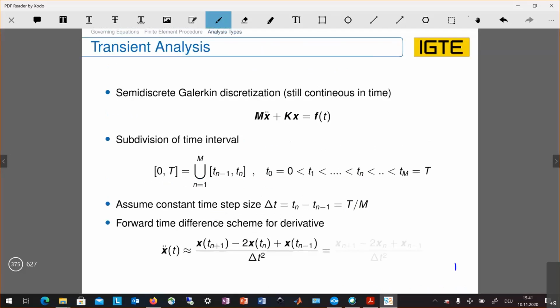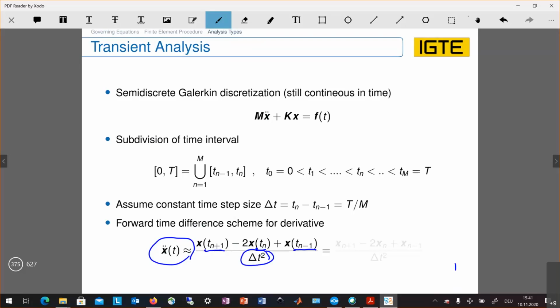here, the following: we now approximate our second continuous time derivative. In this case, we evaluate our mechanical displacement at the time tn plus 1, at the time tn, and the time tn minus 1, and normalize it by the time step size delta t squared.